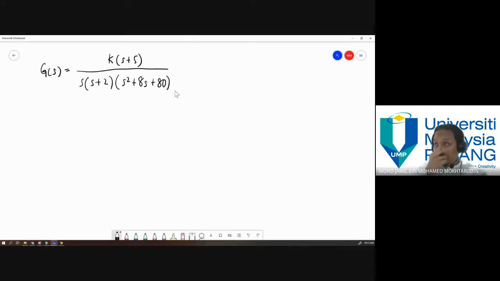So here we have our poles. S equals 0, minus 2, and this one. You can use a calculator to get the value of S from this.